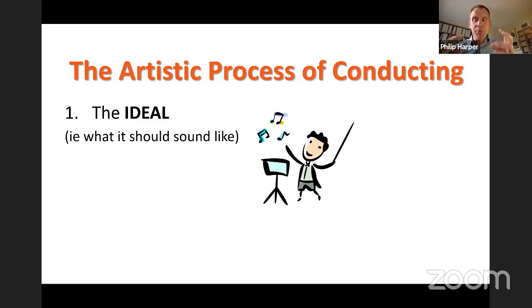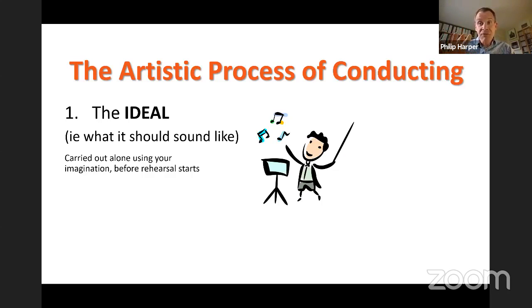This is the first part of the process. It is for the conductor to start developing these thoughts and visions about how things will turn out, what the outcome will be eventually, what the perfect outcome would be, the ideal. So in other words, what it should sound like eventually.